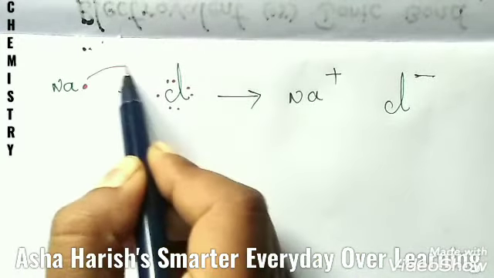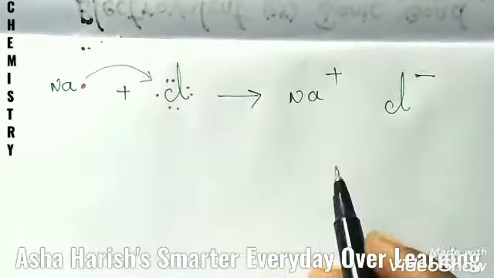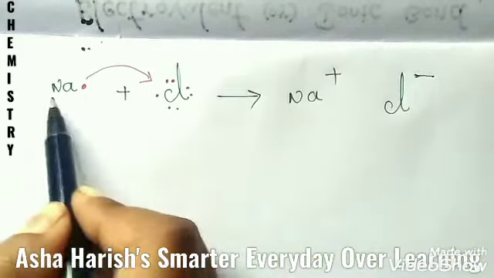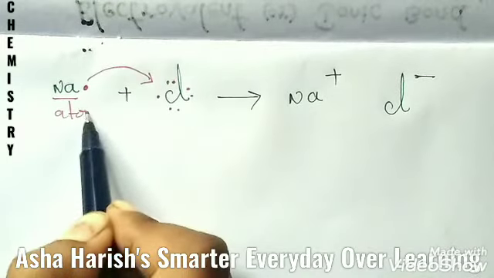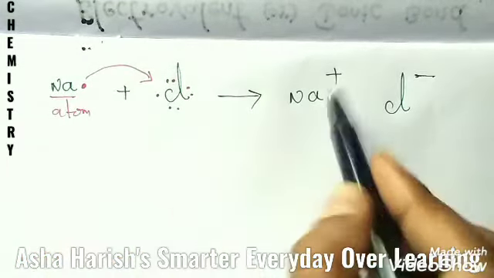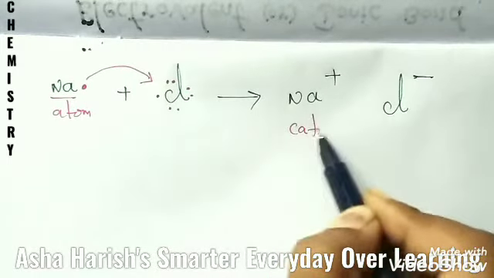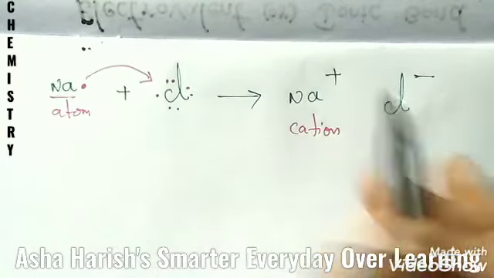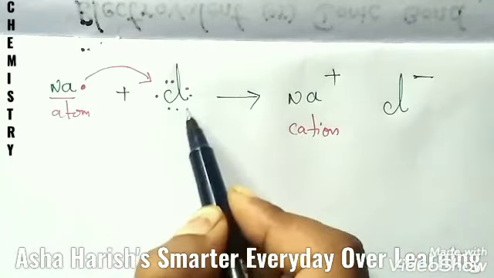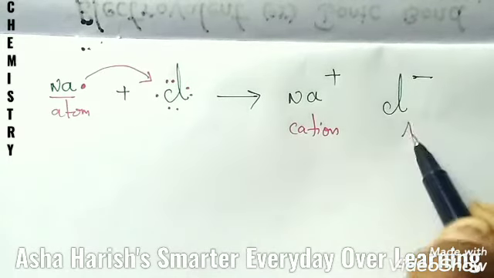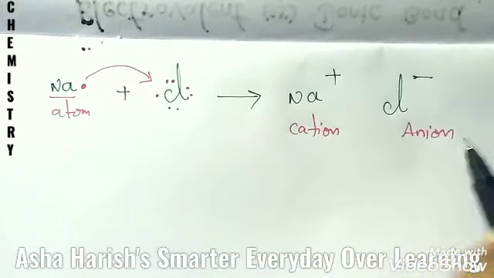This one electron is transferred, and here Na+. Why? Because this Na atom is going to lose this electron. That means a cation should be formed here. This chlorine is going to gain one electron, so that the Cl- anion can be formed here.